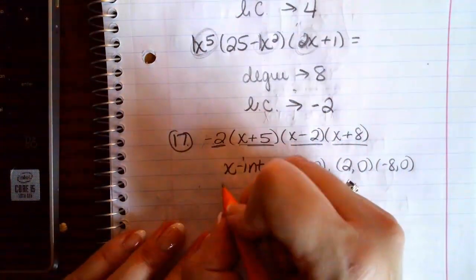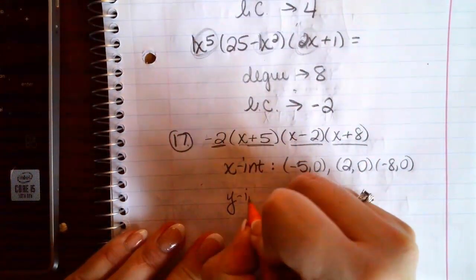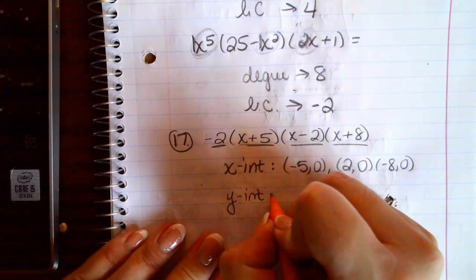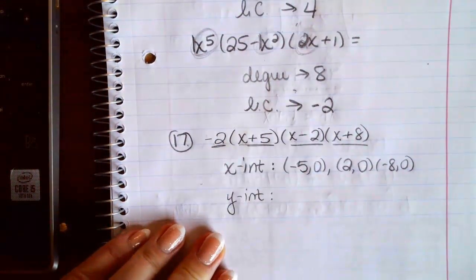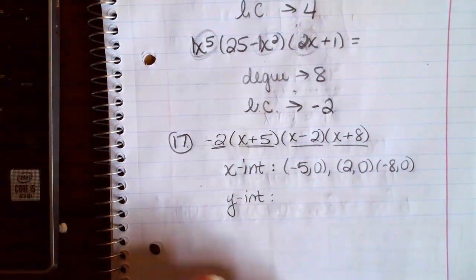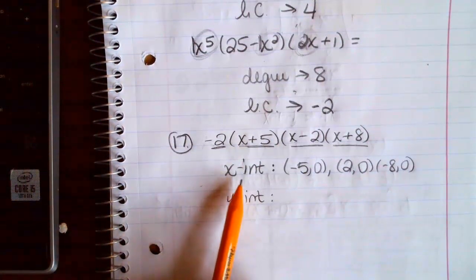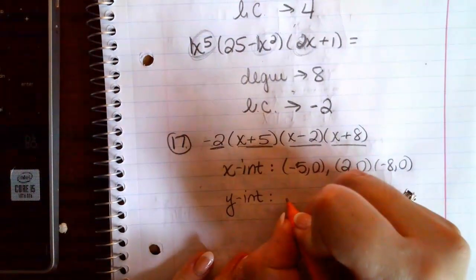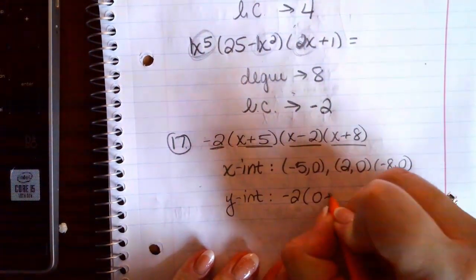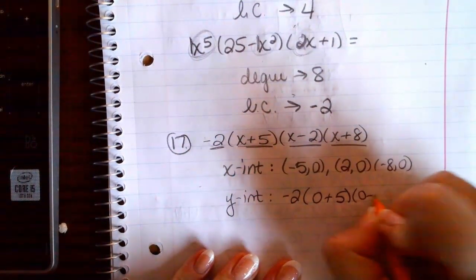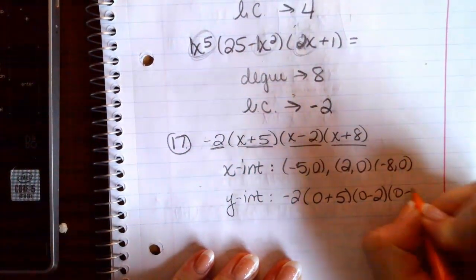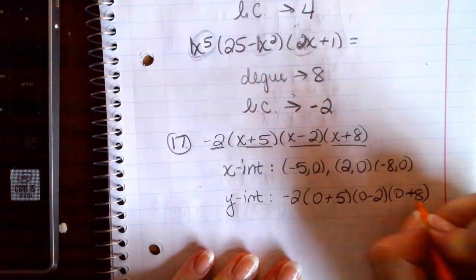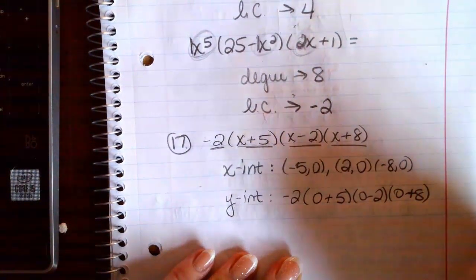Okay, my y-intercept is going to be a little bit more exciting. For my x-intercepts, I want zeros for y's. For y-intercepts, I want zeros for x's. So I'm going to put zeros in for my x's. That gives me -2 times (0 plus 5) times (0 minus 2) times (0 plus 8).